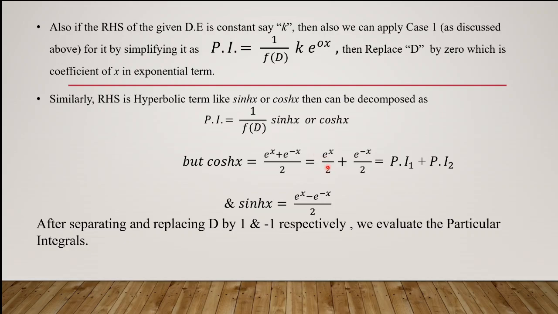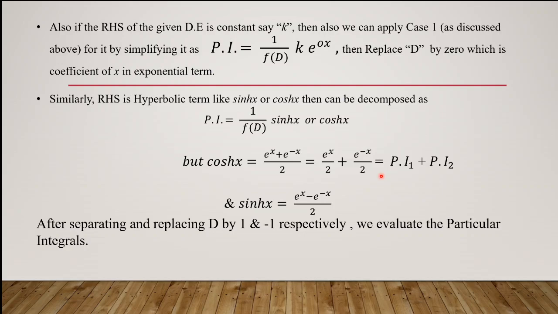The denominator contains 2, which is not required. I will focus on this exponential term. What does this exponential term contain? The coefficient of x is 1. So replace d by 1 in PI1. In PI2, replace d by minus 1. Combine the solutions, you get the complete PI.